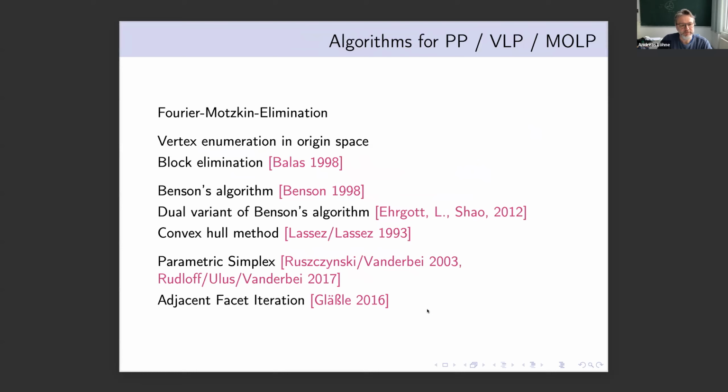And this is a list of methods which can be used for solving projection and also multiple objective linear programming. So very well known is the Fourier-Motzkin elimination, usually formulated for the projection problem.